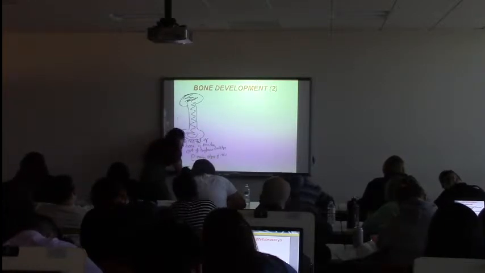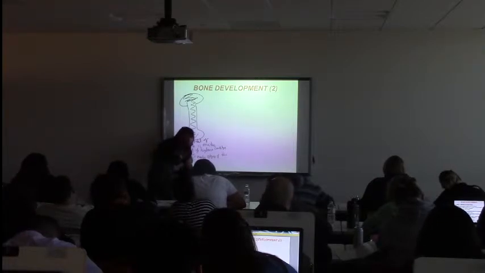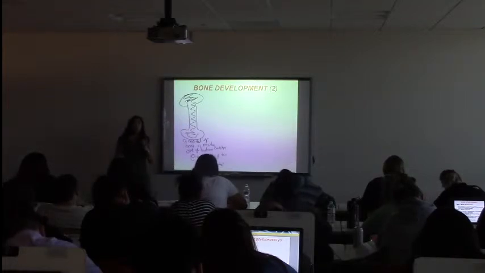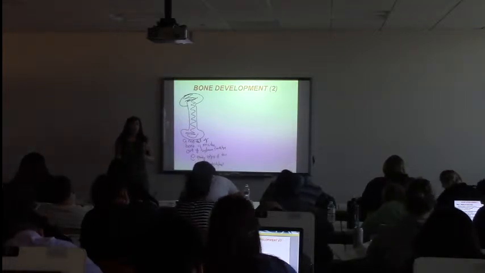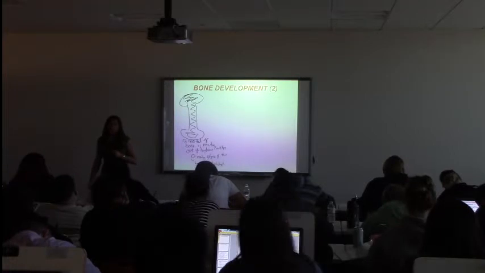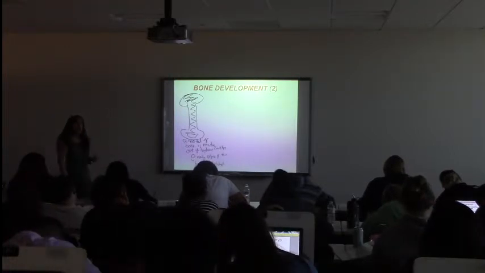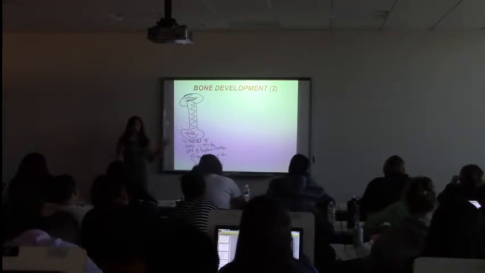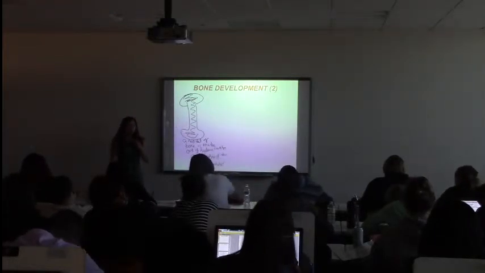It's made by chondroblasts. So a model of bone is made at early stages of development via chondroblasts. This model of bone is a solid structure. It's not hollow from inside. Okay?